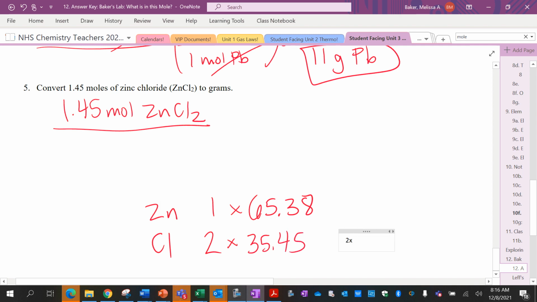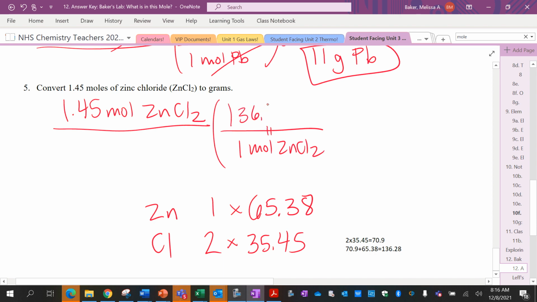So 2 times 35.45, 70.9 plus 65.38. So 1 mole of ZnCl2 weighs 136.28 grams. I just added up 1 zinc plus 2 chlorines, their average atomic masses from the periodic table.